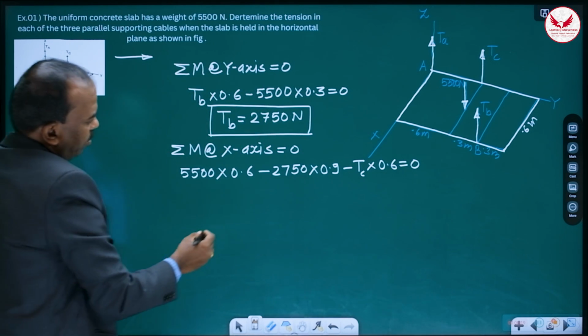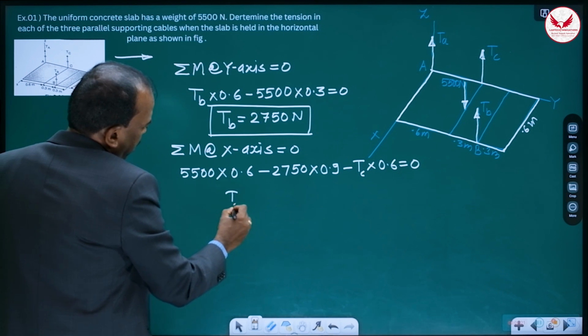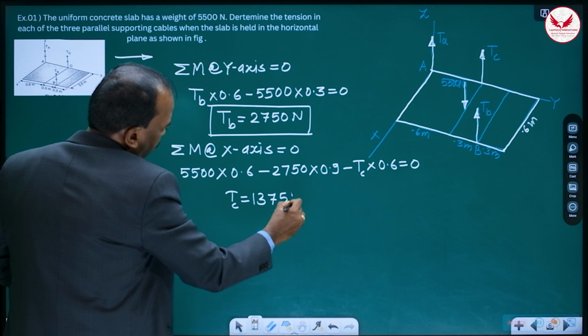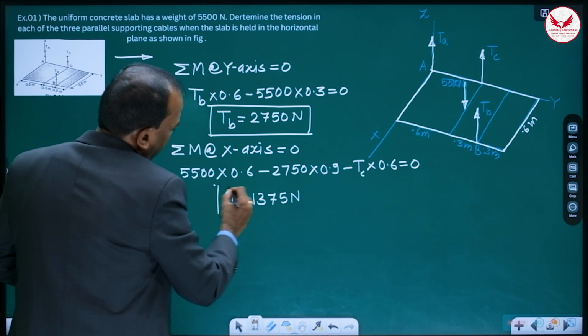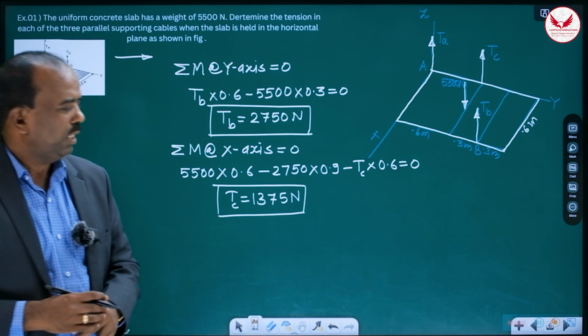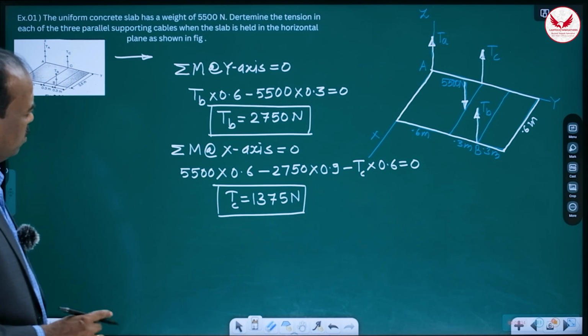And if we make this calculation, we will get TC is equal to 1375 Newton. So like this, what I did, I used 2 moment conditions of equilibrium. Twice summation M is equal to 0.